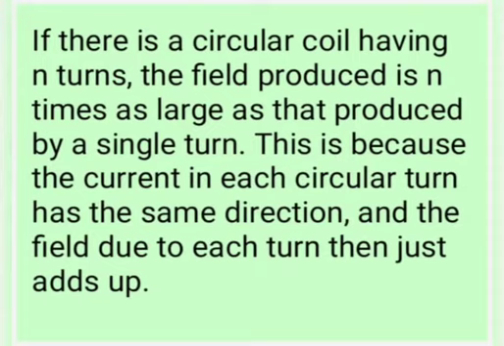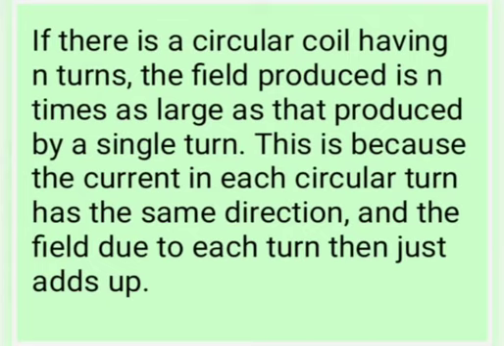How can we increase the strength of the magnetic field produced in a circular loop? The first method is to increase the magnitude of current that flows through the loop. The second method is to increase the number of turns of the circular loop. The reason is, if there is a circular coil having n turns, the field produced is n times as large as that produced by a single turn.